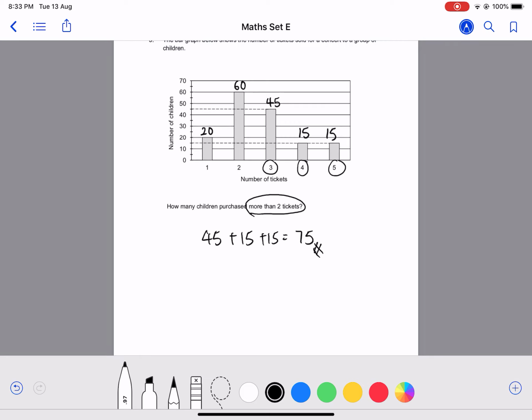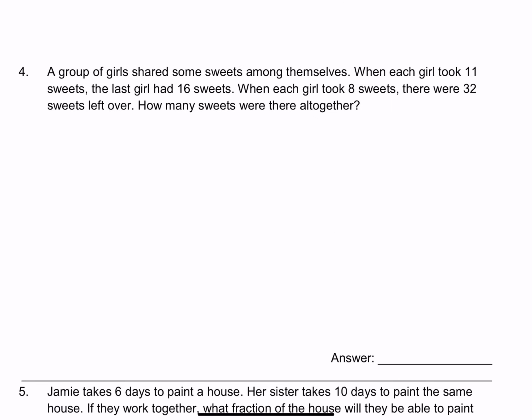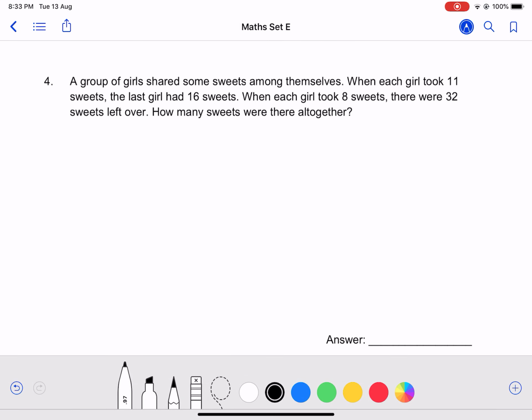Question number 4. Now this is about a group of girls who shared some sweets among themselves. So if each girl takes 11 sweets, the last girl will end up with 16. So the story is something like this. You have the first scenario. The first scenario is if each girl takes 11, 11, 11, 11, and so on.